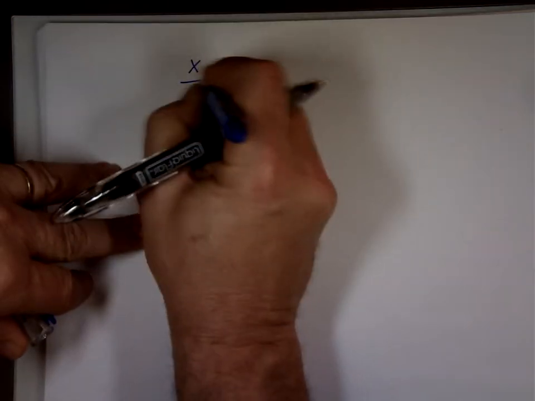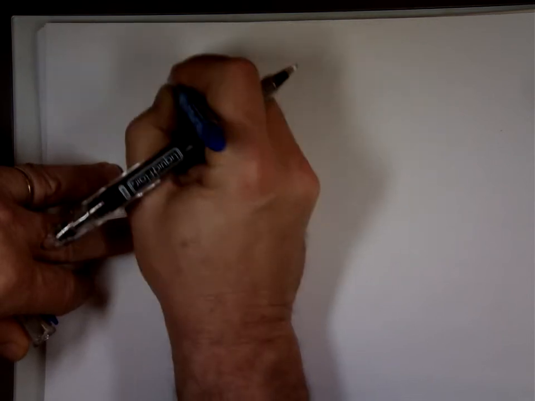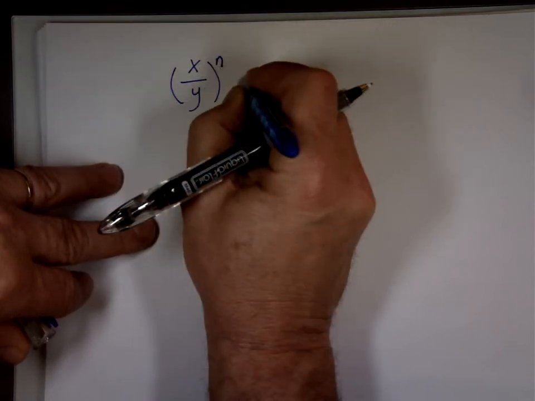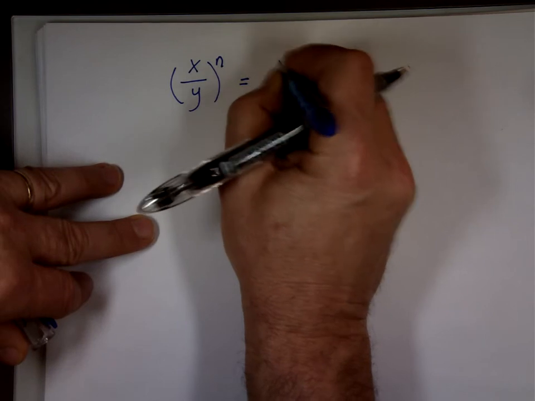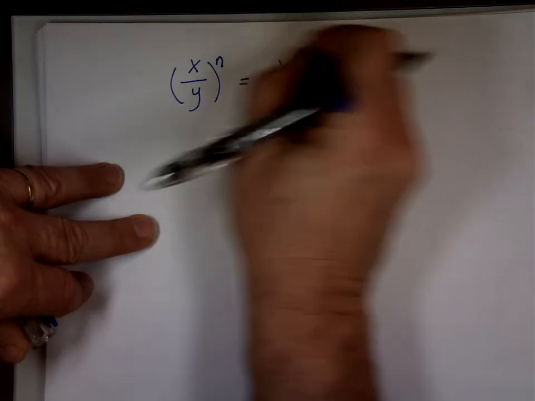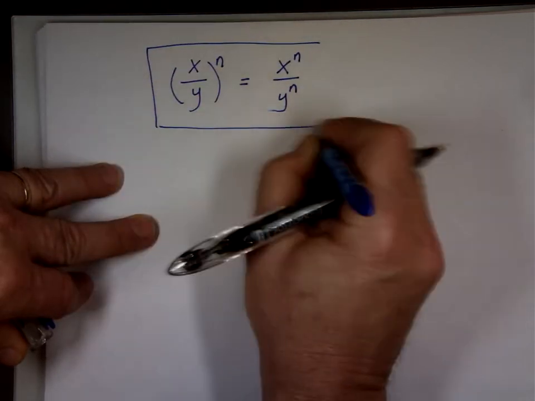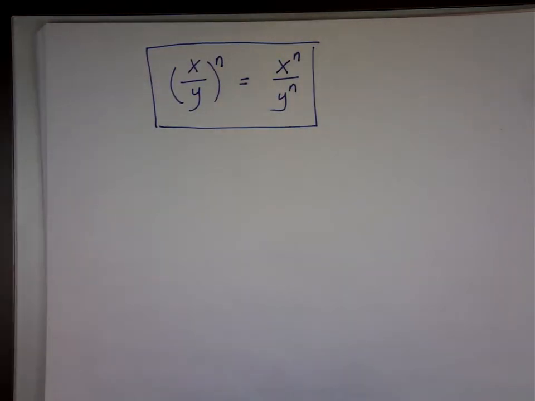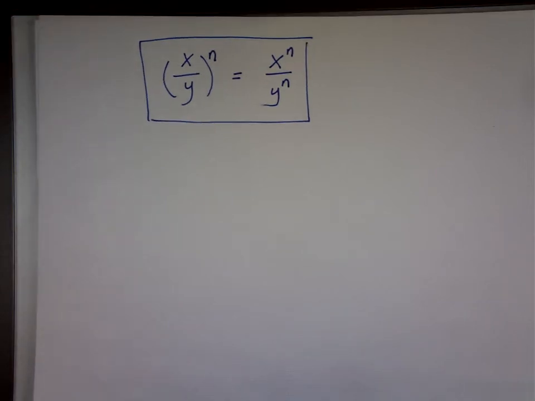And the rule I'm going to use, if you have a fraction, x over y, just like the multiplication, to the nth power, you can make that x to the n over y to the n. That's the rule I'm going to be using now. It really doesn't change anything, similar to what we did before.